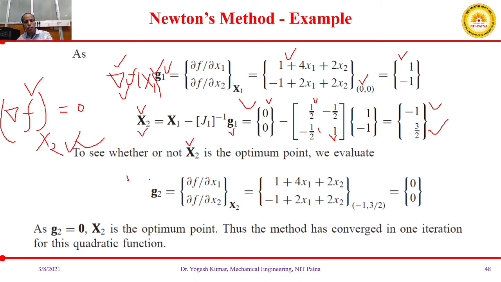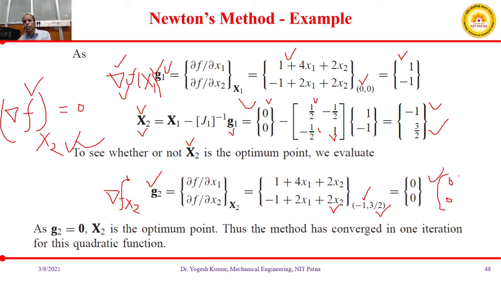So if you take the gradient of the function at x2, this will be del f over del x1, del f over del x2, equal to 1 plus 4x1 plus 2x2, minus 1 plus 2x1 plus 2x2. Put these values, minus 1, 3 by 2, and it is coming equal to 0, 0.